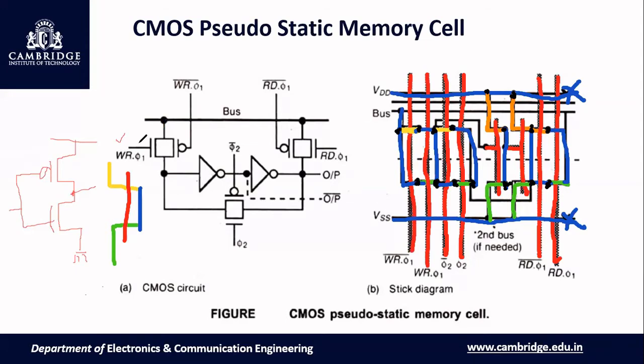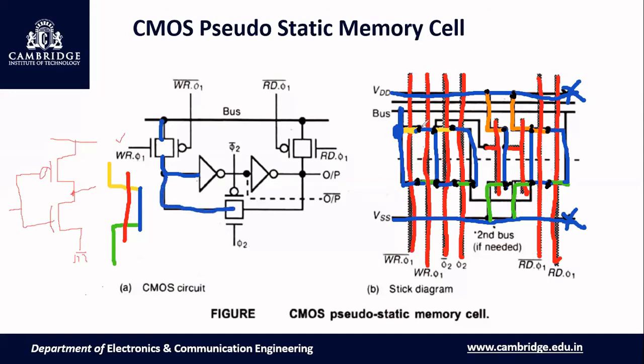Okay. So here you can see, the diffusion end of this transmission gate, that is the WR.51 control input transmission gate, should be connected to bus. So here it is connected to bus, this end. Right? And the other end of the transmission gate should be connected to the input of the first inverter, and it should be connected to one of the diffusions of the phi 2 transmission gate.